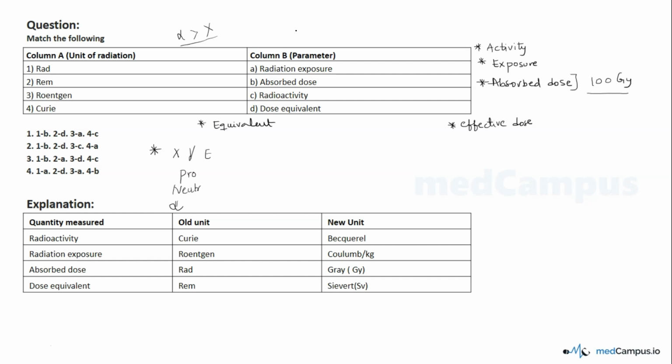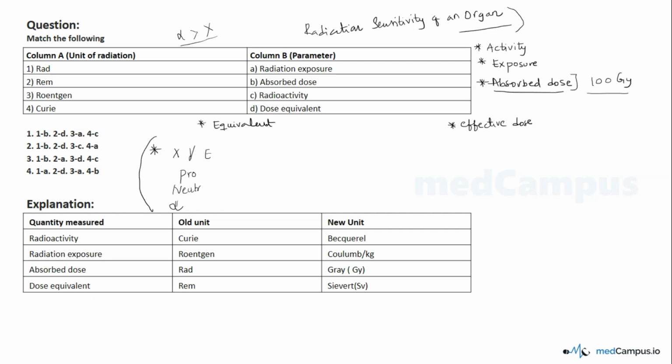So one more parameter which affects the whole dynamics is the radiation sensitivity of an organ. So there are two parameters which need a special mention: the type of radiation and the radiation sensitivity of an organ. These two parameters are not taken into account when we are looking at absorbed dose.